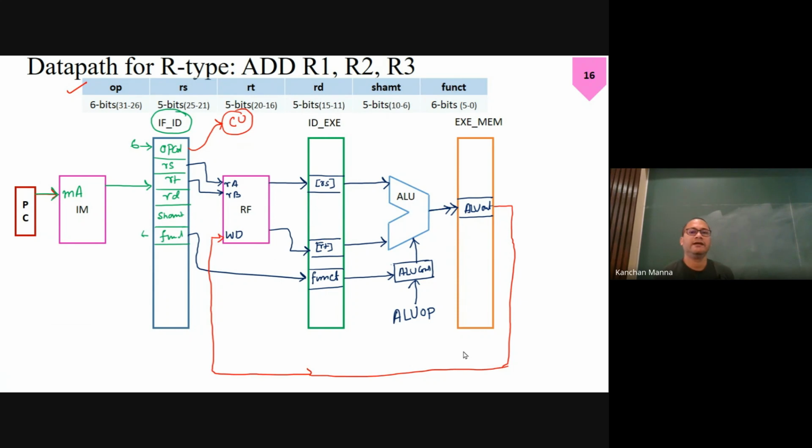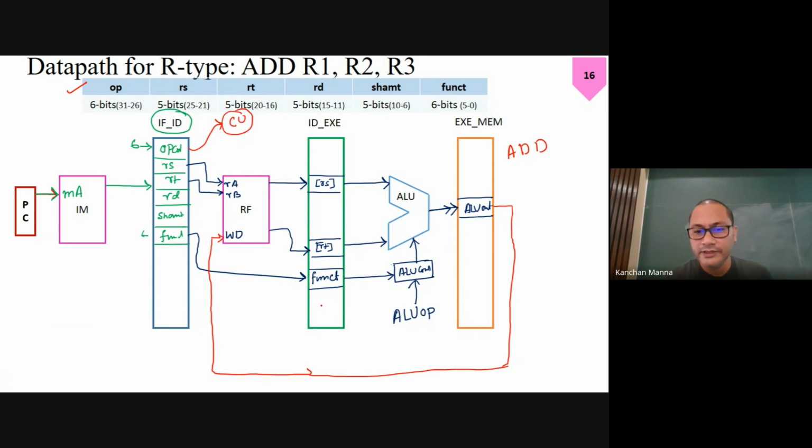Now how about the write register address? Which field would that be? RD, right? Now the question is, can we give it from the IF/ID stage? Anisa, what do you think? Why? Because the add is here, and it is a pipeline, so some other instruction is here. It's not it. Then what do we have to do?